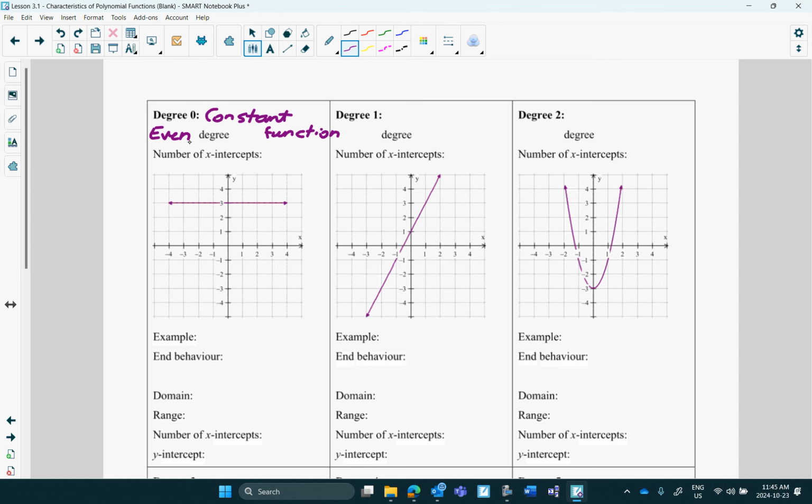Think of degree 0. 0 is an even number. How many x-intercepts could there possibly be? Well, 0, because if you draw a horizontal line besides the x-axis, it'll never touch the x-axis. I guess you could say if it's the x-axis itself, then there are infinite x-intercepts, but that's an exception.